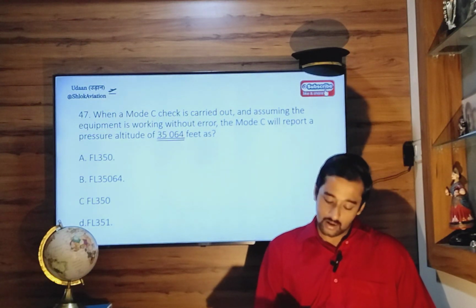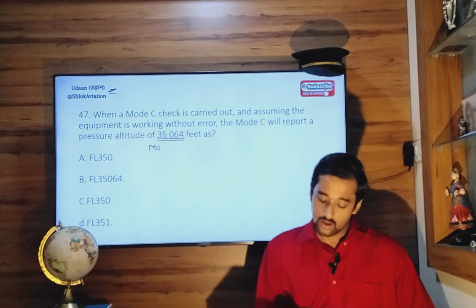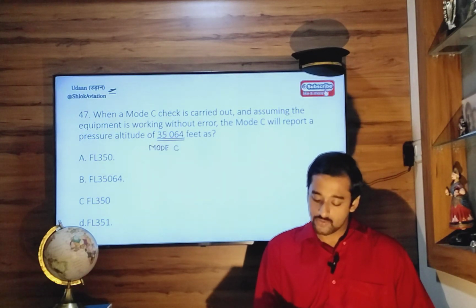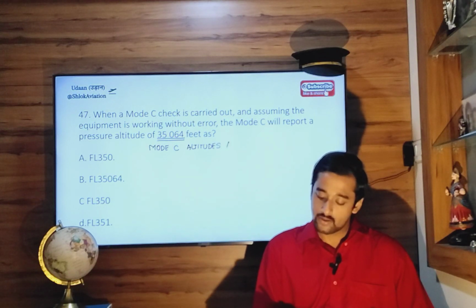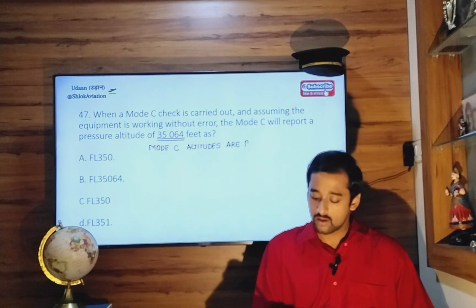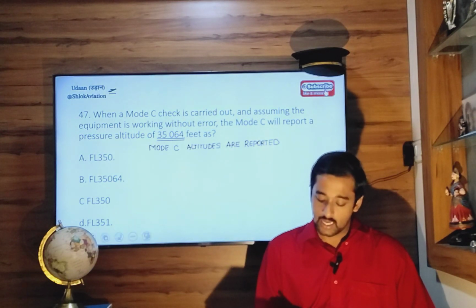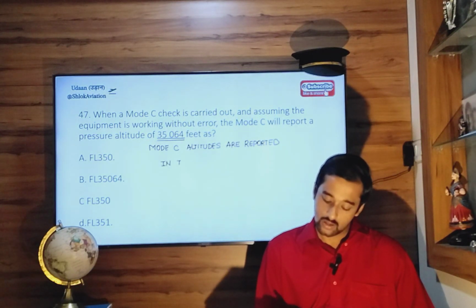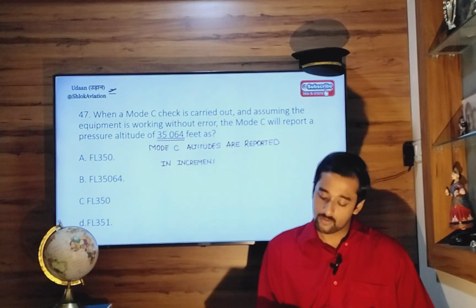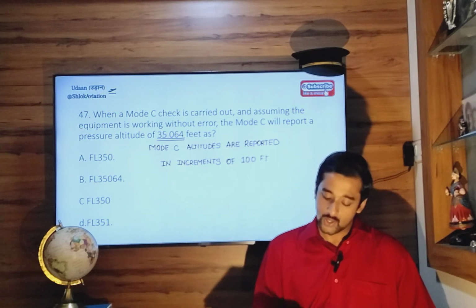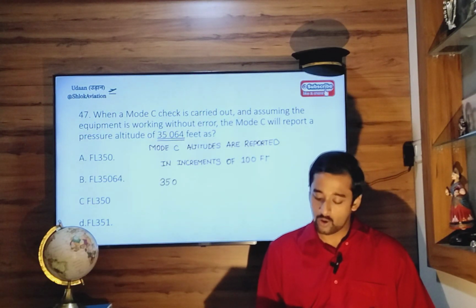So all the mode C altitudes are reported in increments of 100 feet.